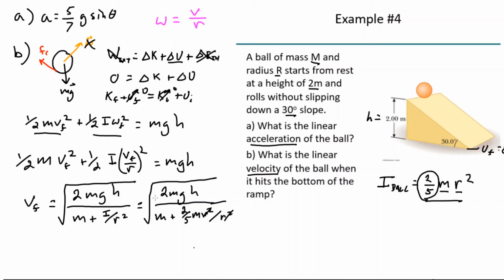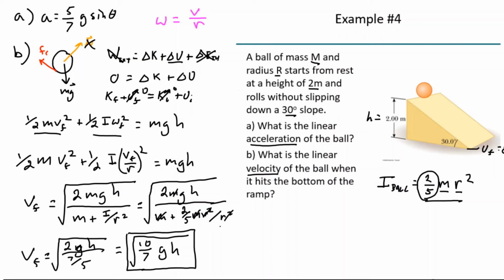And I get something a lot like what I got before. Let's write this all out. This equals 2gh divided by 1 plus 2/5, which is 7/5, all square rooted. This I can simplify to be the square root of 10/7 times gh.